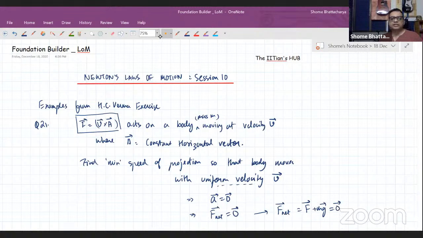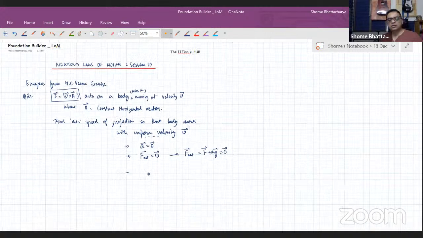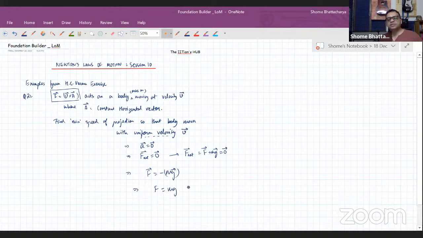So that means we want the external force that is acting to be minus of mg. So in other words, F should be equal to mg in magnitude, and it should act vertically upwards so that it balances mg.